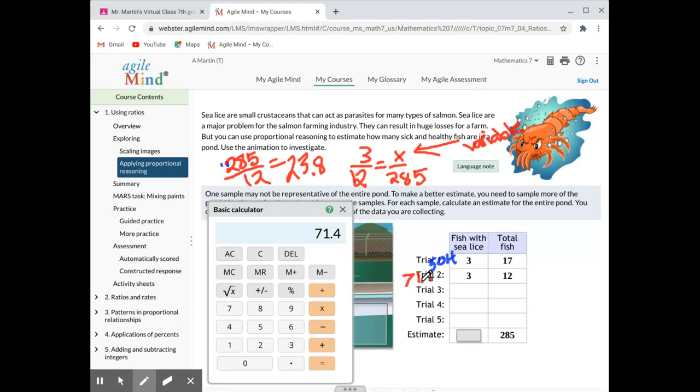So make sure that everybody is writing your work down on page 39 in trial 2. So this time we got an estimate of 71.4 that would have sea lice, okay? So we're going to put that amount in. We're going to check our work, make sure we get the same answer as they do.